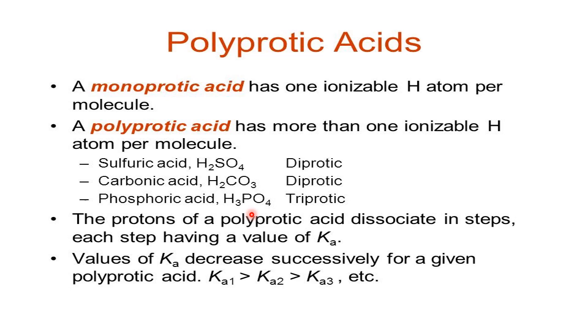After giving the one proton, whatever chemical atmosphere is there, that is the minus charge on the H2PO4 minus. From that negative chemical atmosphere, the second H plus comes with a little difficulty. How the first H plus came so easily, but the second H plus does not come so easily. It comes with difficulty. That means the ability to give the second H plus is a little difficult.